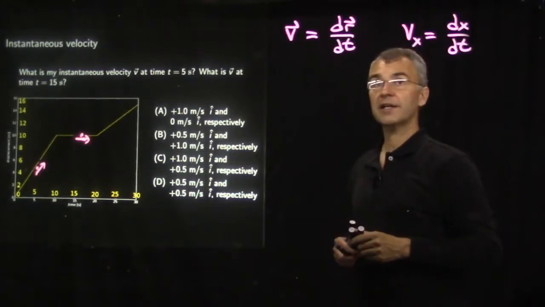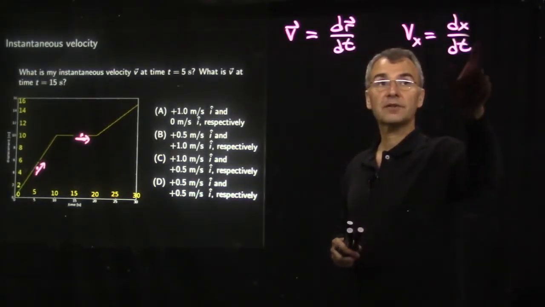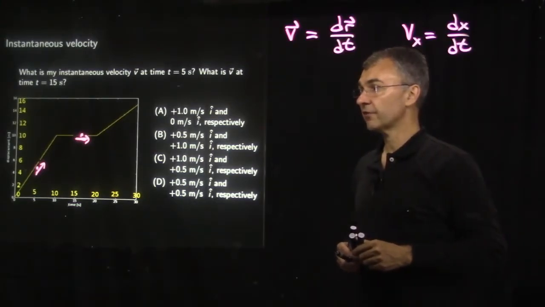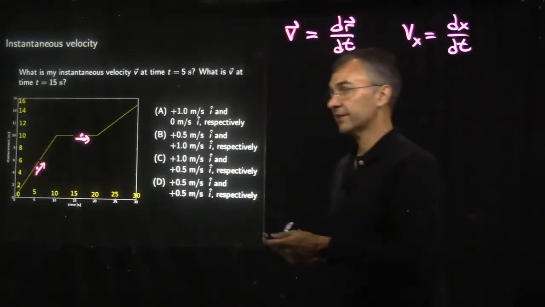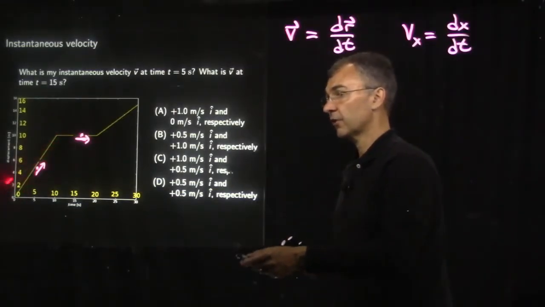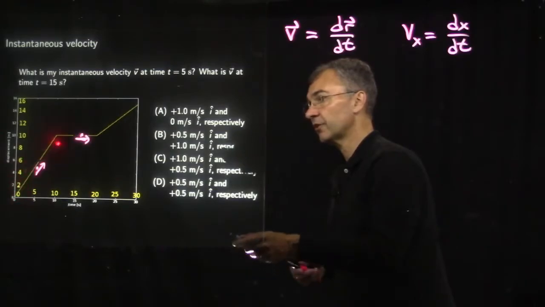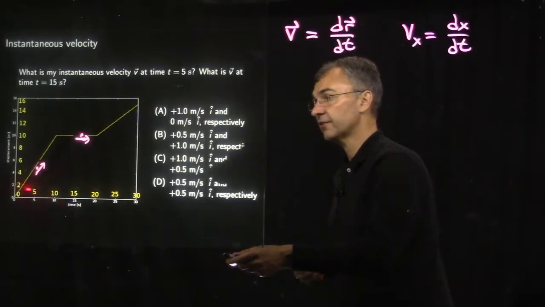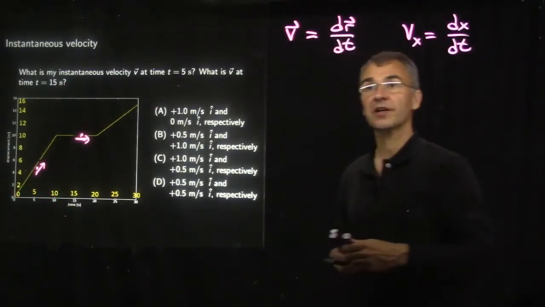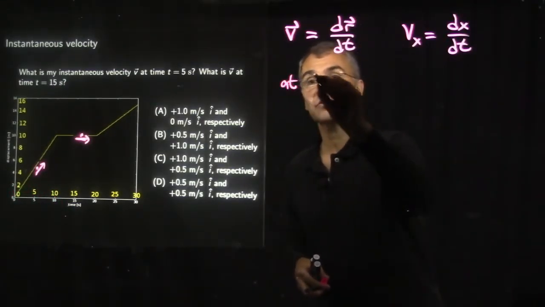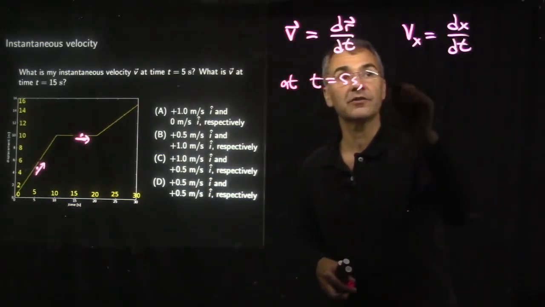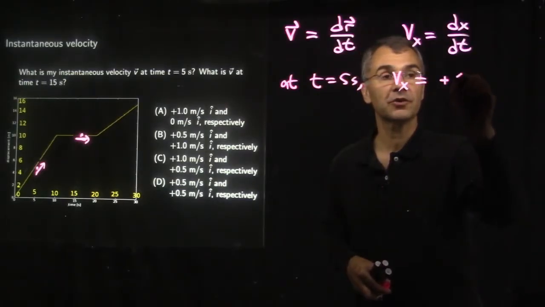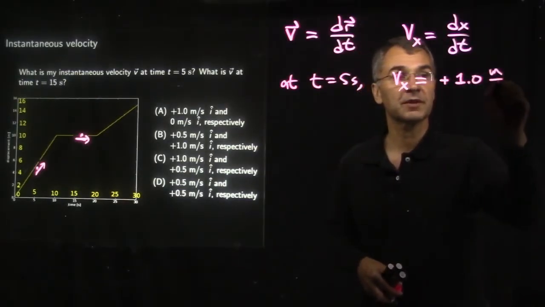So it seems like at 15 seconds, dx by dt is 0. But what is it at 5 seconds? So I guess we can just take advantage of the fact that this is a straight line to figure out what its slope is. So it seems like it goes from 0 to 10 meters, same time as it goes from 0 to 10 seconds. So that would be 1 meter per second. So at t equals 5 seconds, the x component of velocity is plus 1.0 meter per second.